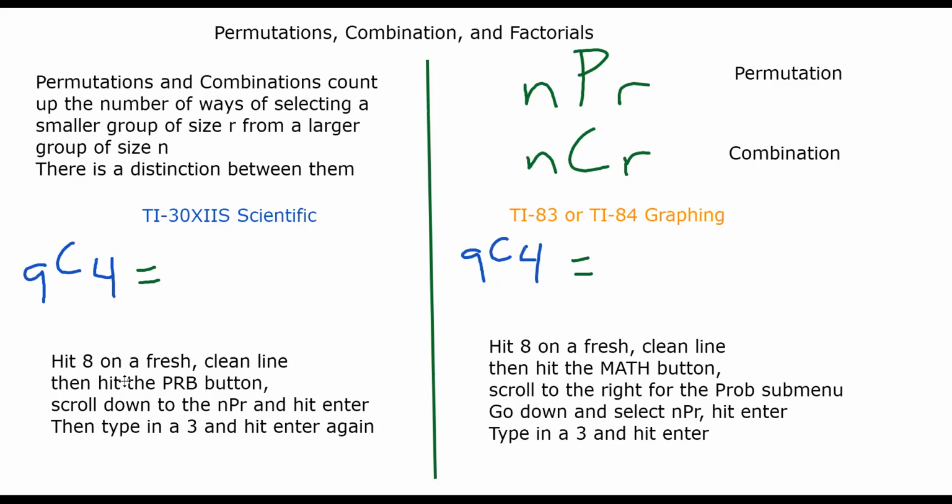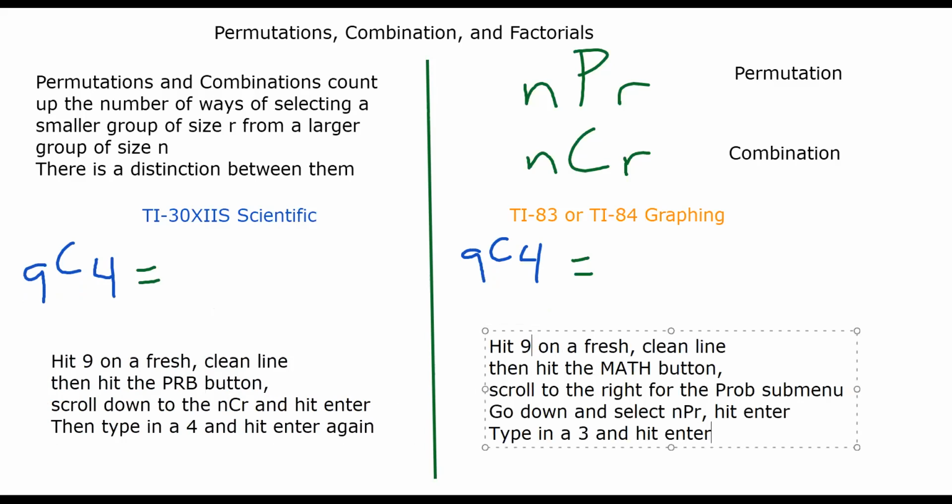This time, you're going to type in 9 first on your calculator. You're going to go find the nCr thing in your probability submenu. But it's going to be almost identical. Using nCr. So what do those variables stand for, like nCr?